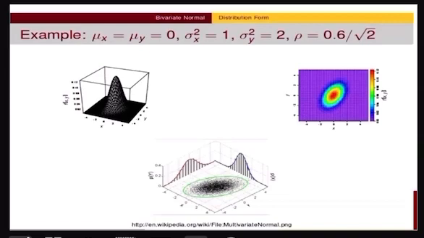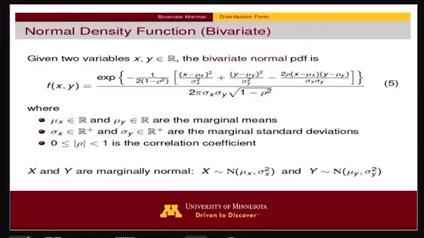Now, I want to go into a pictorial way. We want a graphical way to represent the bivariate density. I told you the other time, we have a lot of parameters in the bivariate density. We have the mean of x, the variance of x, the mean of y, the variance of y, and we also have a correlation.